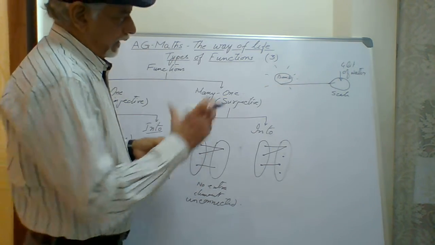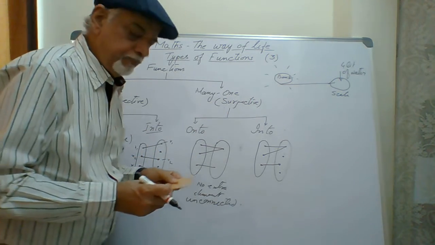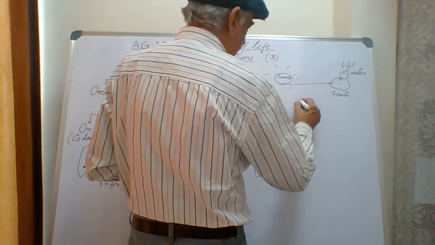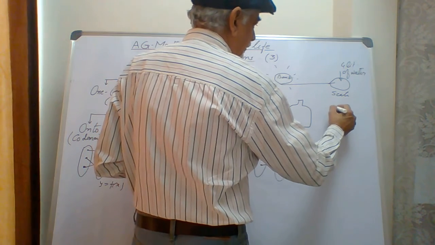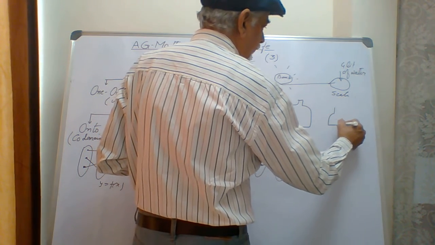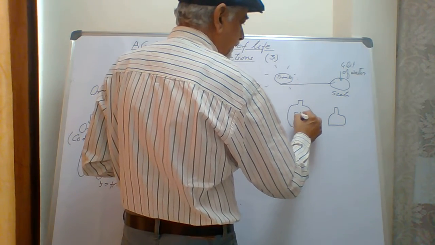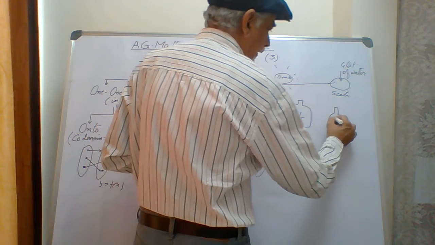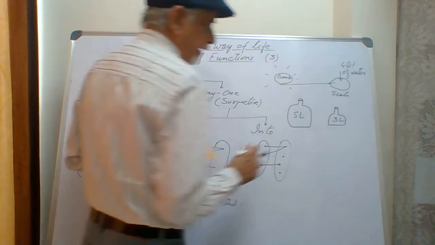And there is a time limit. The bomb is already a time bomb. And we have access to jars, a big one and a small one. This is 5 liter capacity, I write L, and this is 3 liter capacity. These are the two jars we have.